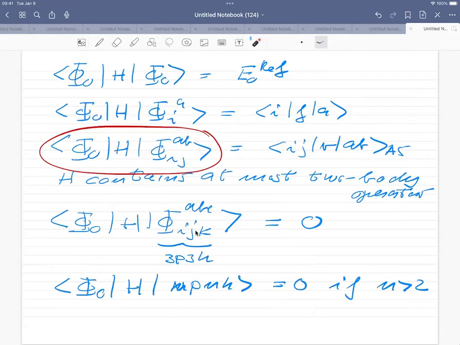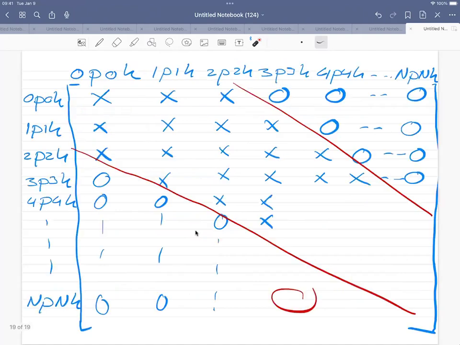And then you would use the Condon-Slater rules to find out whether this one gives you 0 or not. Okay? So there are 2 basic ways. You have direct methods, where you can simply set up the whole matrix.